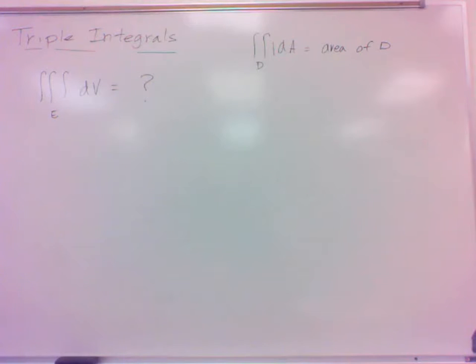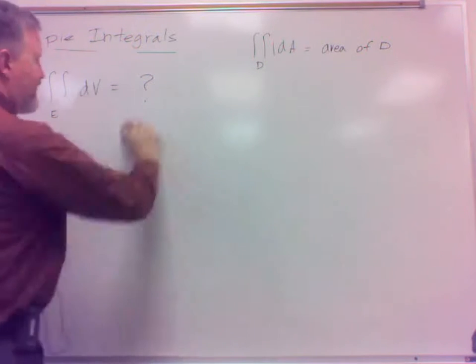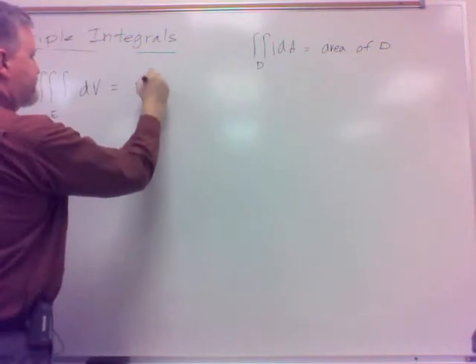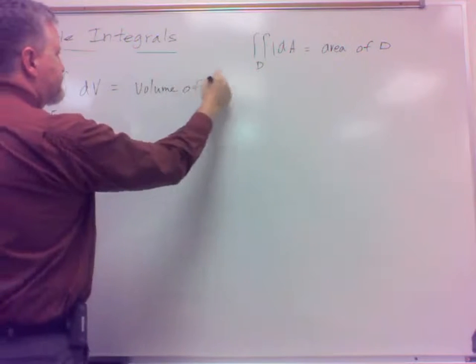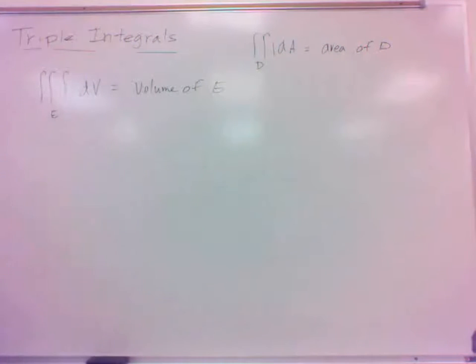Oh, 1. Yeah. And so here we're just going to give you the volume of E. And so we can use this triple integral here to also help us find volumes.